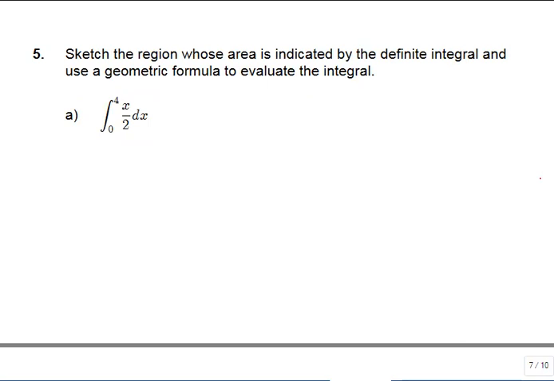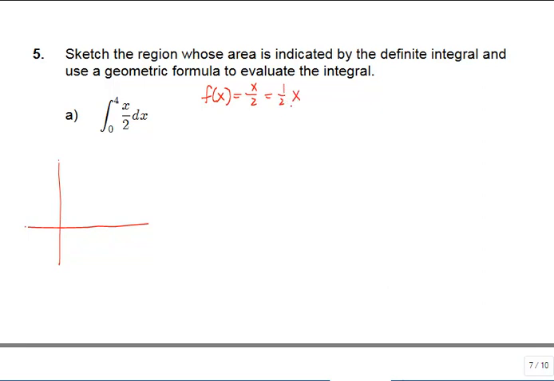For number 5 here, we want to sketch the region whose area is indicated by this definite integral and then use a geometric formula to evaluate the integral. So let's sketch this first. The function that we're using is this x over 2. So the function that we're really using, if you want to rewrite this, is 1/2 x.